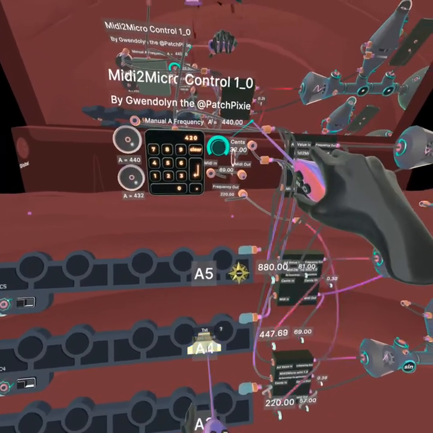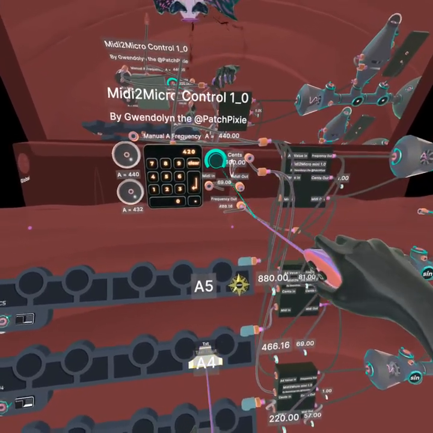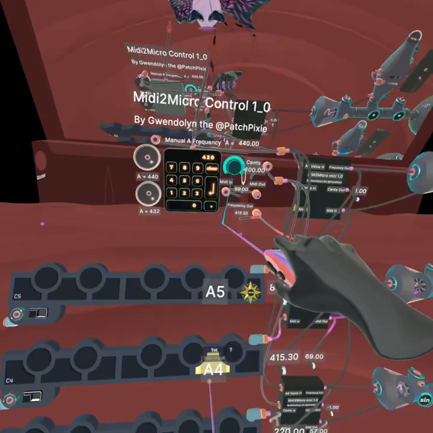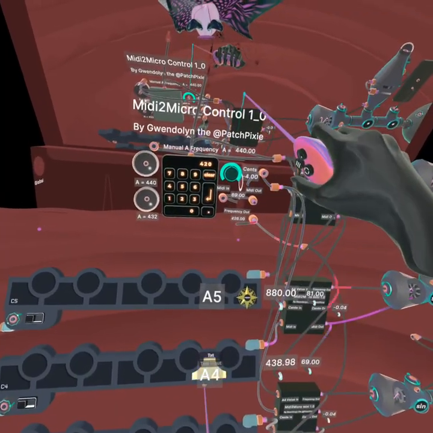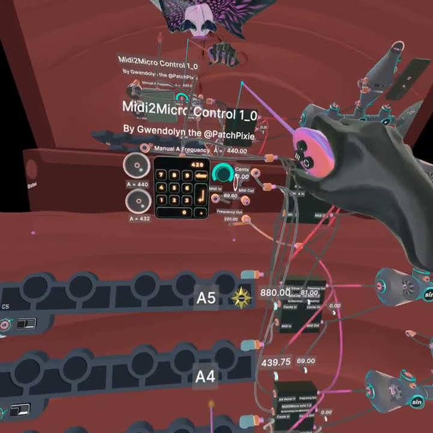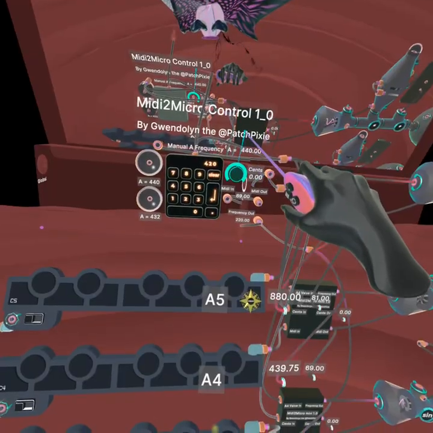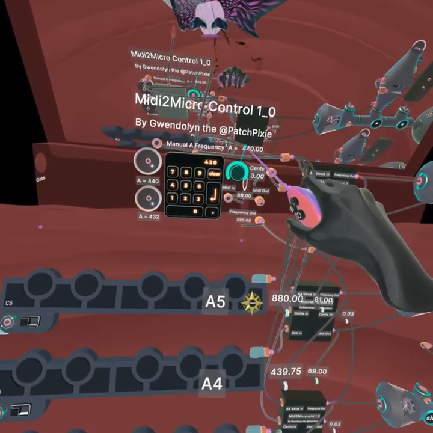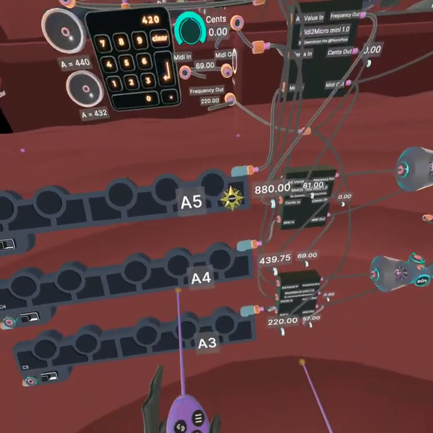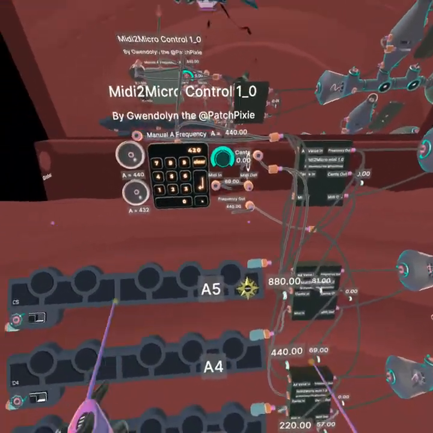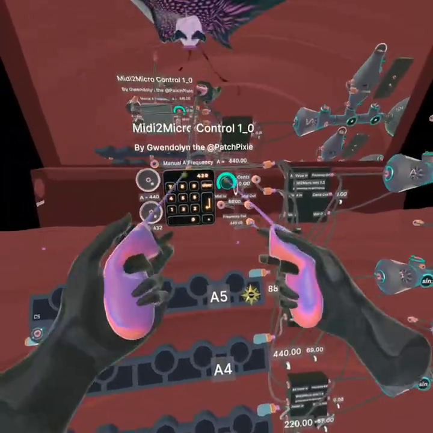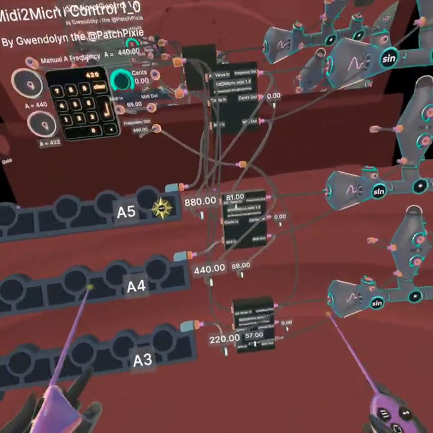So that cents dial allows you to adjust microtonally in between the frequencies as well.